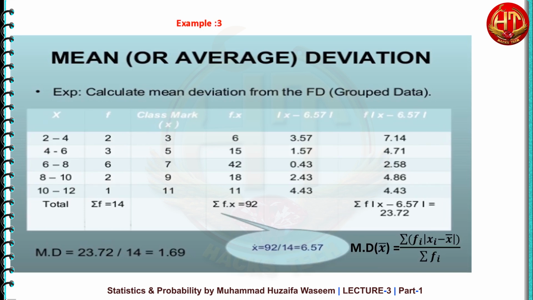After that, multiply this column by the frequencies, and then take the summation of this column, which is equal to 23.72. Then 23.72 divided by the sum of frequency is equal to 1.69. So this is your mean deviation about the mean for grouped data.